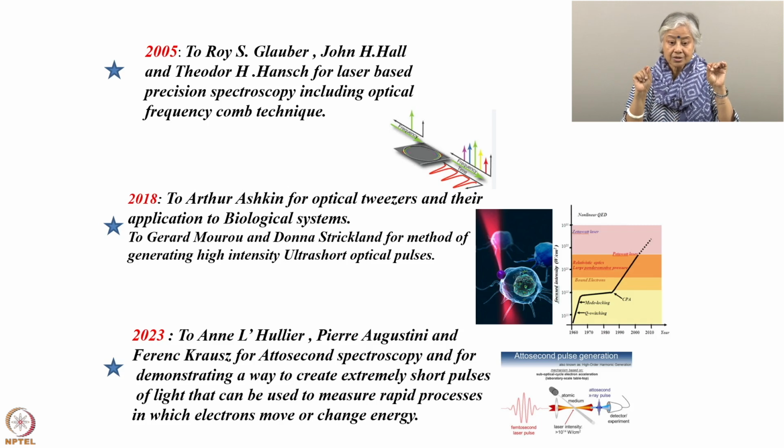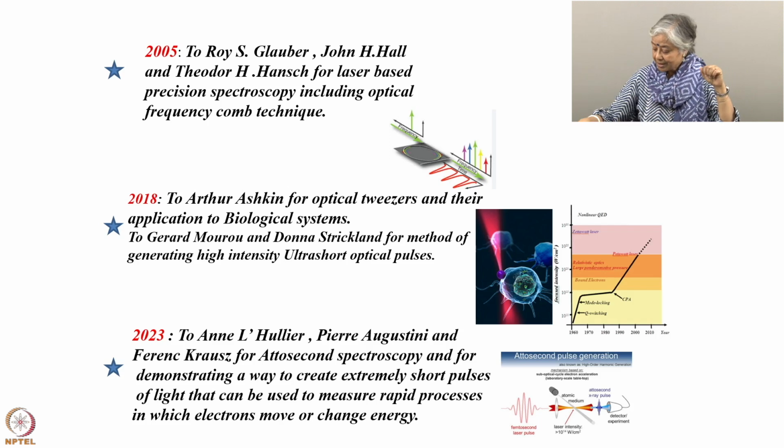So L'Huillier, Agostini and Krausz are the ones who invented a way of making attosecond pulses and finding ways of measuring it and then using it to study the electrons and the changes in their energy. So that was the last prize in 2023. The 2024 prize still has to be announced.